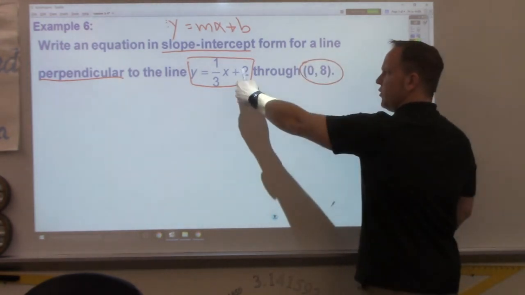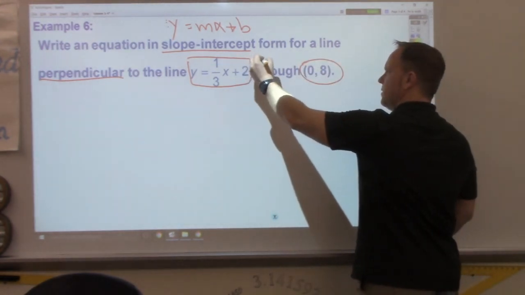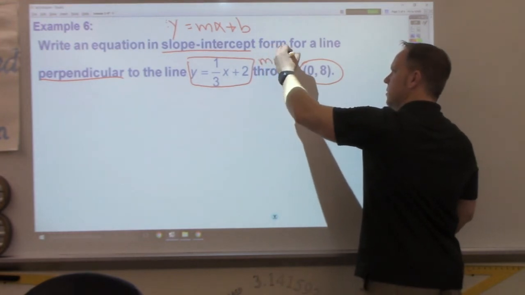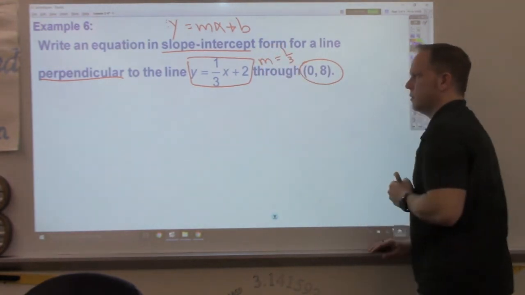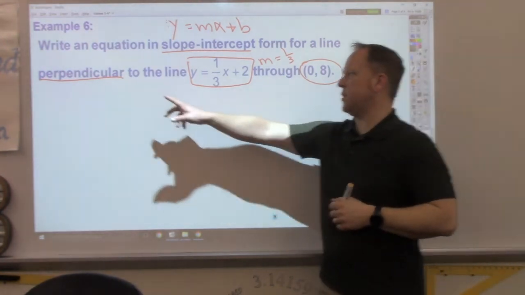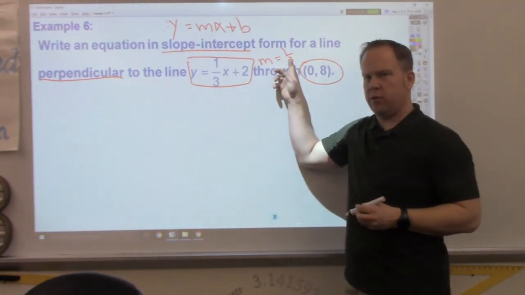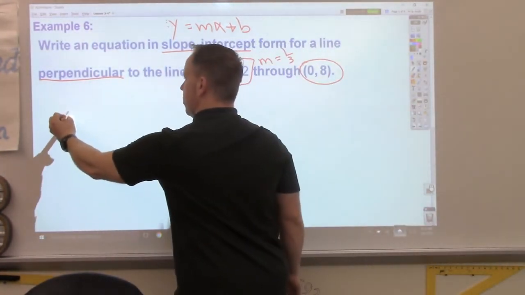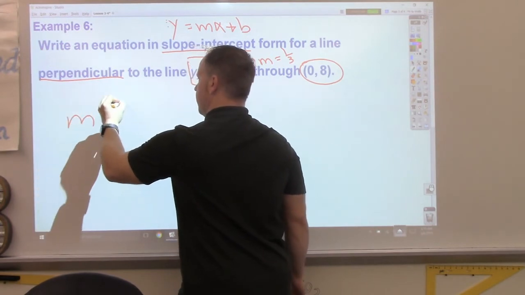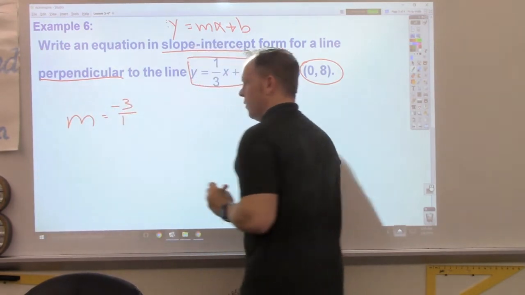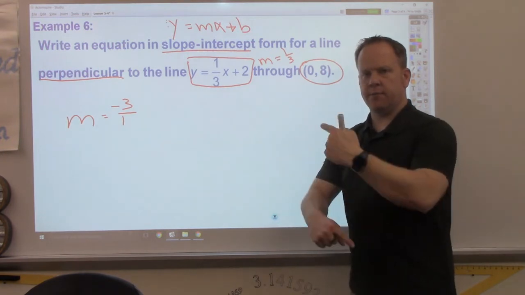So again, what is the slope of this line? The current slope of this line is 1/3. What is perpendicular to 1/3? That would mean my slope that I'm going to use is negative 3/1. Change the sign, flip it.